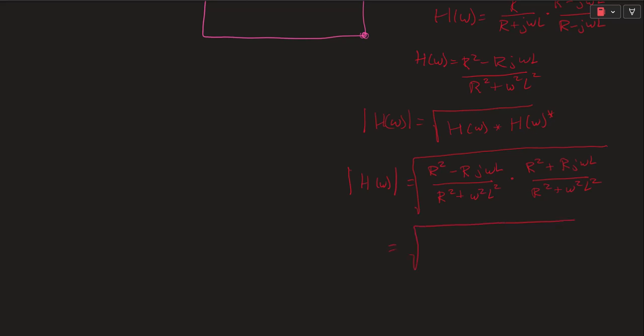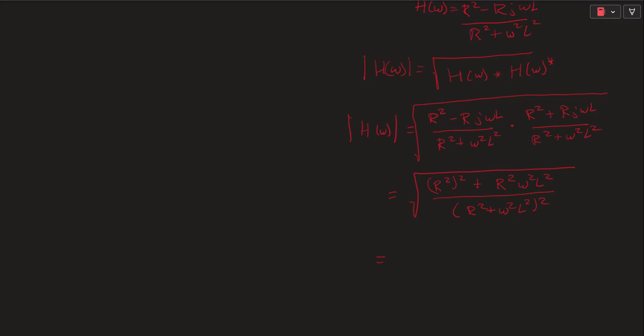So that equals the square root of R squared squared plus R squared omega squared L squared, because it'd be minus j squared, over R squared plus omega squared L squared, squared.